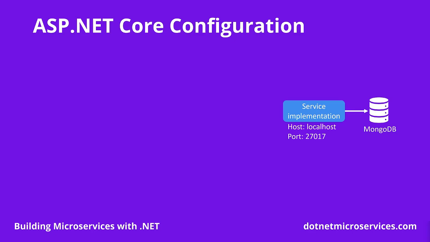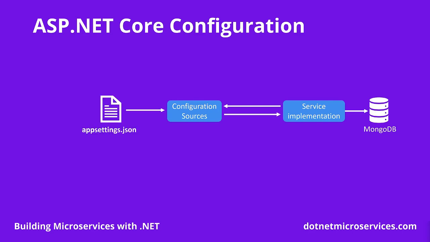Luckily, ASP.NET Core supports a few configuration sources that are able to store and provide such configuration details to our service when needed. One of the most popular sources, especially for local development, is the appsettings.json file, where we can store all sorts of configuration information that we expect could change across environments, like the database host and port.